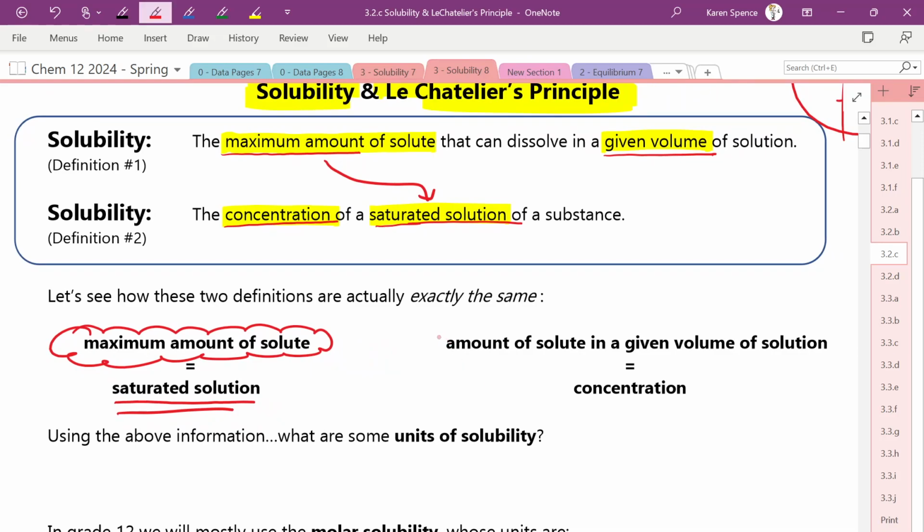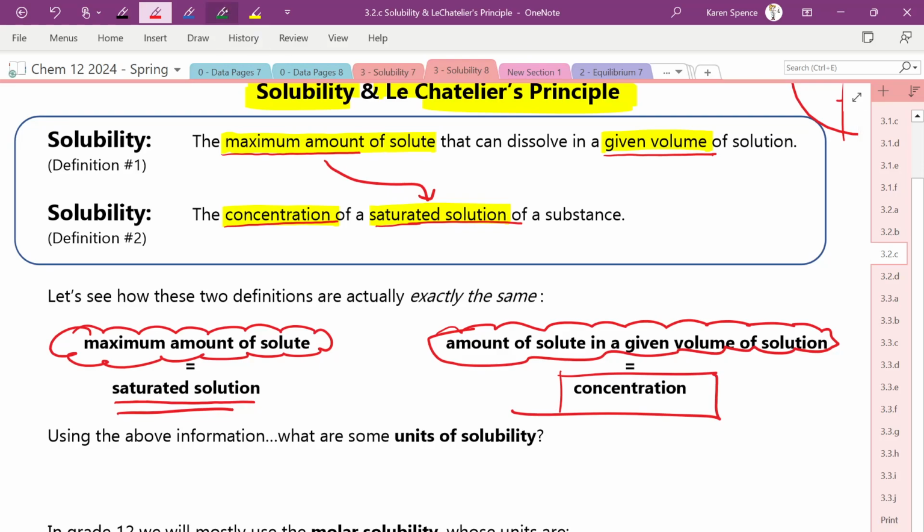And if we talk about the amount of solute in a given volume, what's that? That's concentration. So if we have the amount in a given volume, that is the concentration. So it means the same thing. Okay?